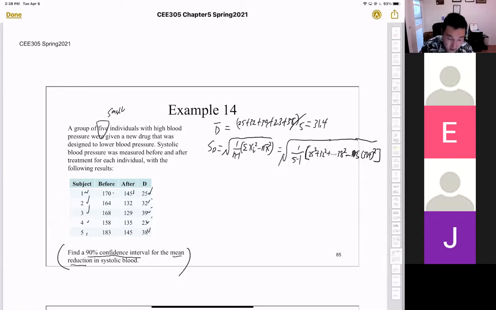So we can calculate the sample standard deviation.